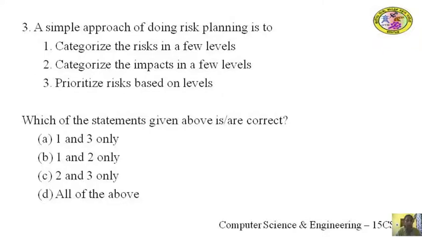Which of the statements given above is or are correct? Option A, 1 and 3 only. Option B, 1 and 2 only. Option C, 2 and 3 only. Option D, all of the above. Do you know the correct answer for this question?